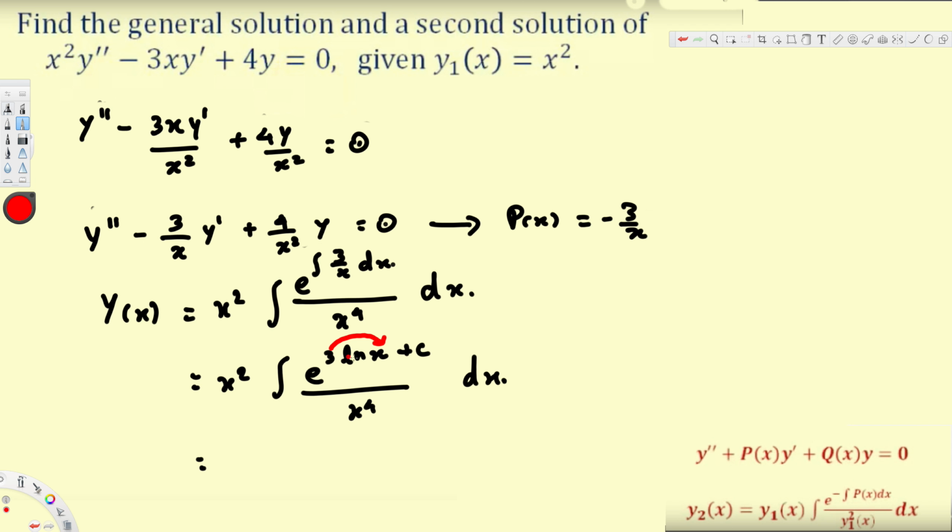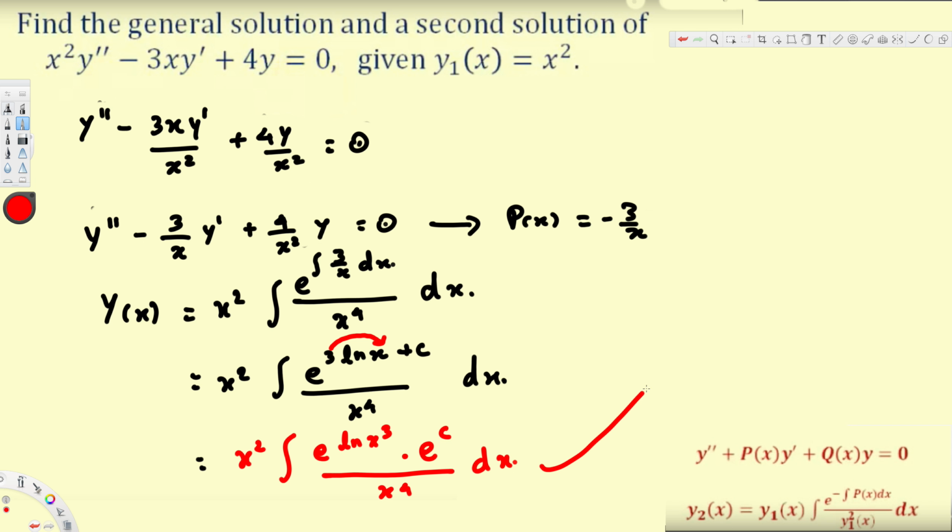If we do that, e and ln cancel each other. So we have x squared times the integral of e to the power ln of x cubed, and when the powers add, it means they are multiplying, so we multiply this by e to the power c, and in the denominator we have x to the power 4 dx.